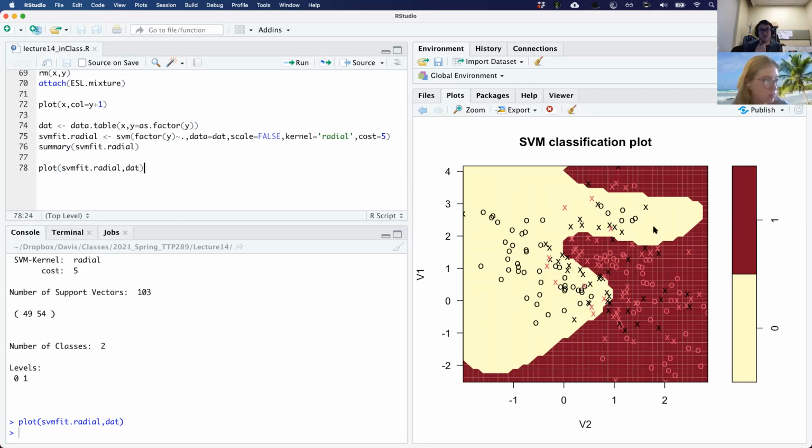I would call this more of a semi-parametric case because you still have your x's being defined within parameters that are created by the kernels, in this case the radial kernel, that help you define this plane. But you can see that it's definitely not a straight line of any sort.